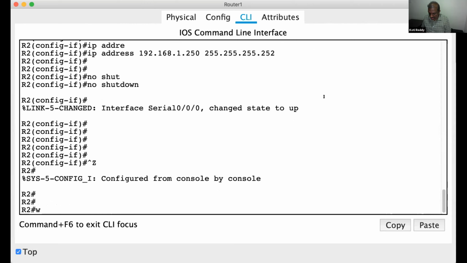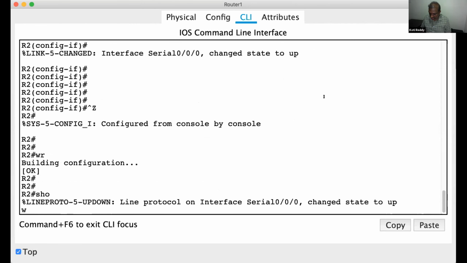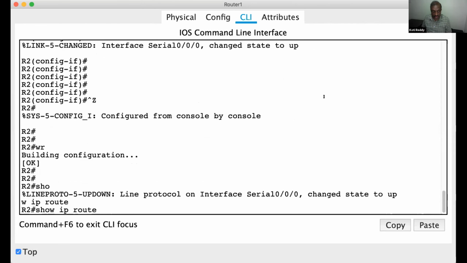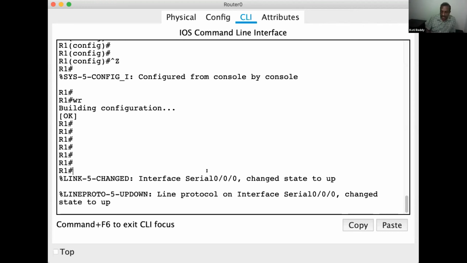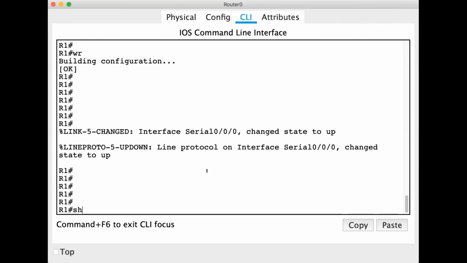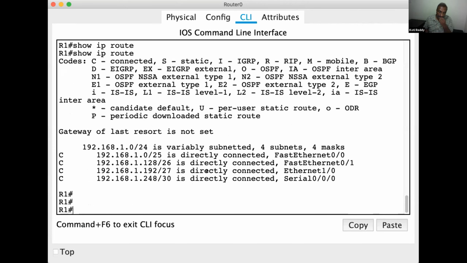Then I say show ip route. This router knows the routes for these three networks because these three are directly connected. And if I go to R1, it knows the routes for the four network IDs because these four are directly connected. So I go here, show ip route.